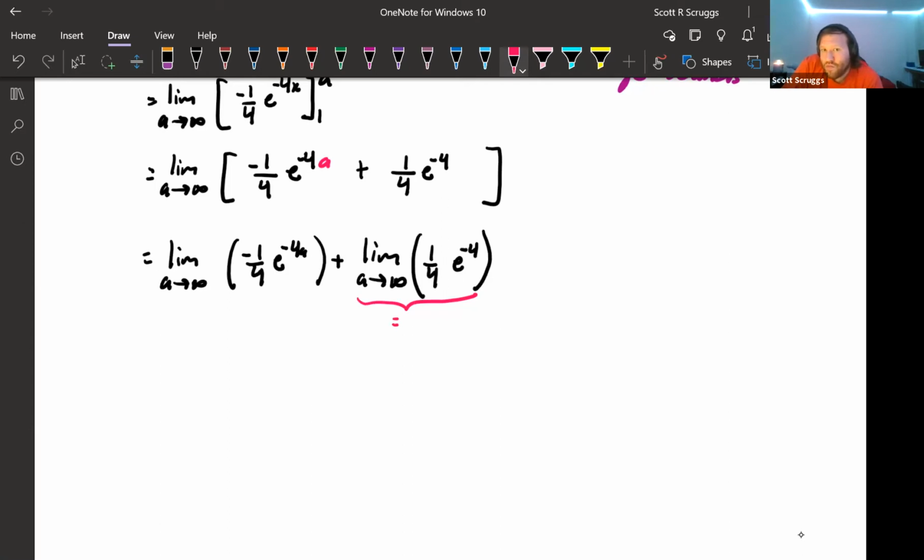Second guy, I don't have an a anywhere with the 1/4 e to the negative 4. So that's just a constant. And limit of a constant means I do nothing. So I'll just be 1/4 e to the negative 4 at the end. For that first term, what will that limit be if I take the limit as a goes to infinity?